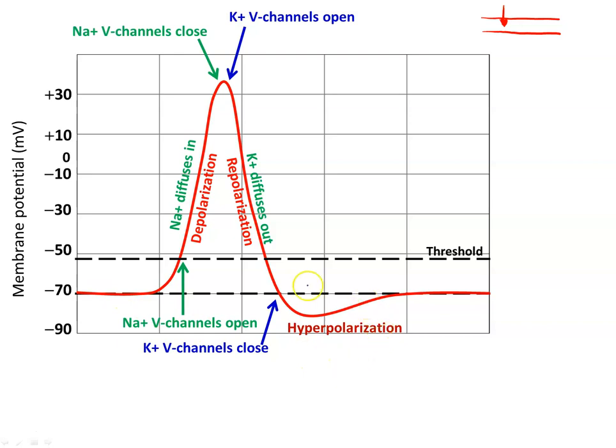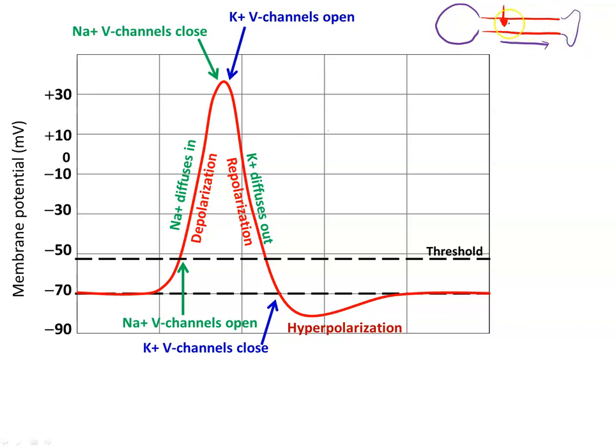Okay. Now the hyperpolarization area is very important because it helps us propagate the signal forward. Right? So if this is my axon here, and if this is my cell body, right, I can only have an action potential that's going to travel down towards the axon terminal.